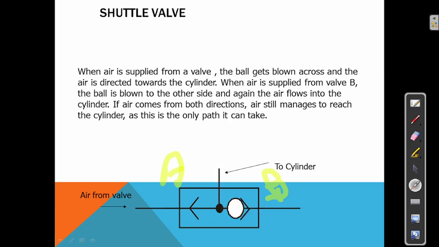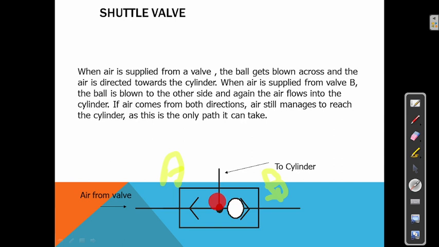If pressurized air is coming from valve A, then this ball will be blown here, and the air will move up this way. If air comes from both directions, if the air comes from valve A and at the same time from valve B, what will happen?